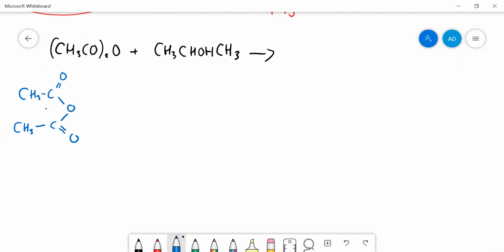Now, which bit of this? Now, what have we got here? We have got a secondary alcohol. It's propan-2-ol, isn't it? And it's the lone pair on that oxygen which is going to react. I'm probably going to draw it like this. CH3.